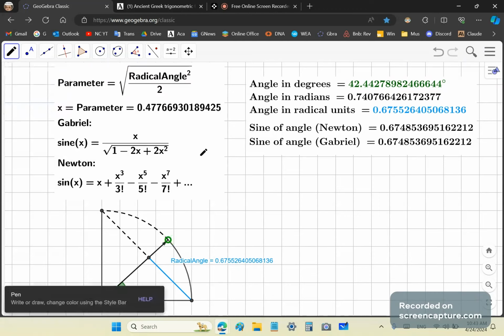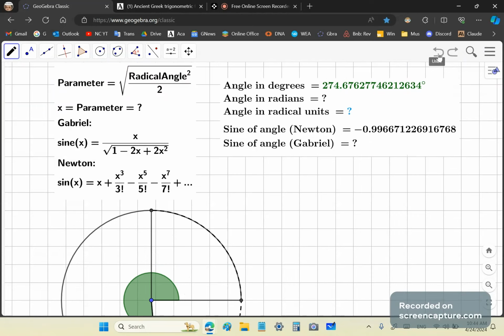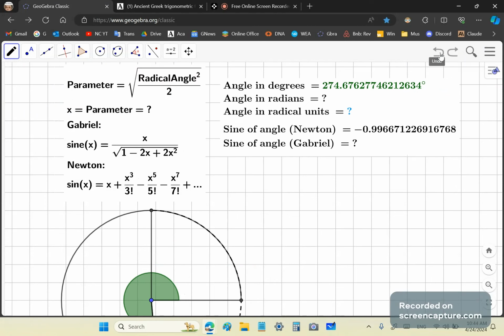The reason you do that is due to the fact that at any time, if you draw a perpendicular here like that, oh my goodness, can't anything work properly? Let's just undo that. There you go, back to that.